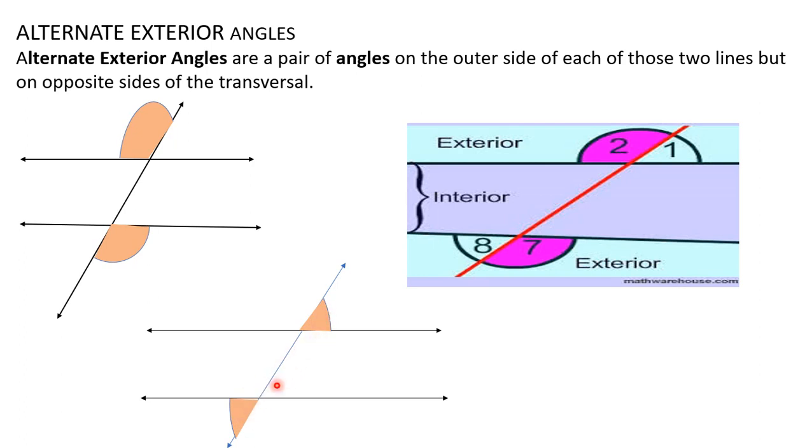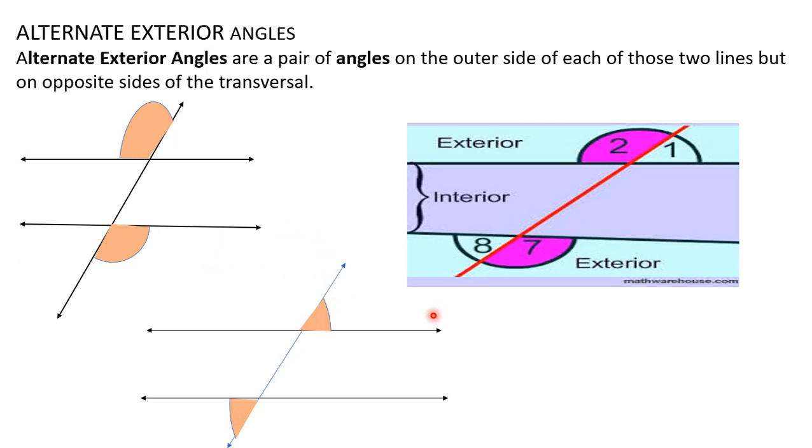By these two figures we can understand very easily that the angles which are on the outer side of the lines, and opposite to one another, on opposite sides of the transversal, are the alternate exterior angles.